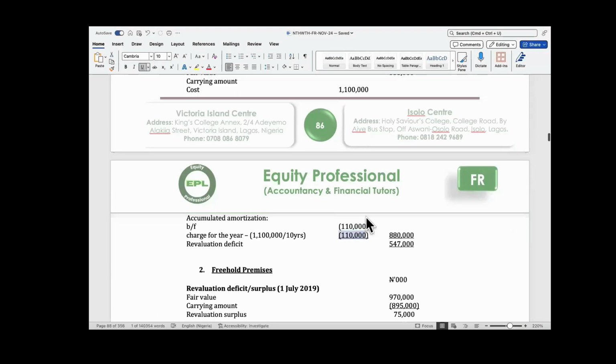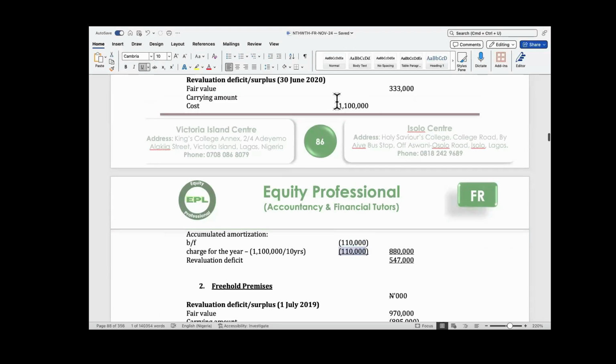But for me, I care less. I just get my carrying amount, which is 1 million minus 220. That gives me 880.